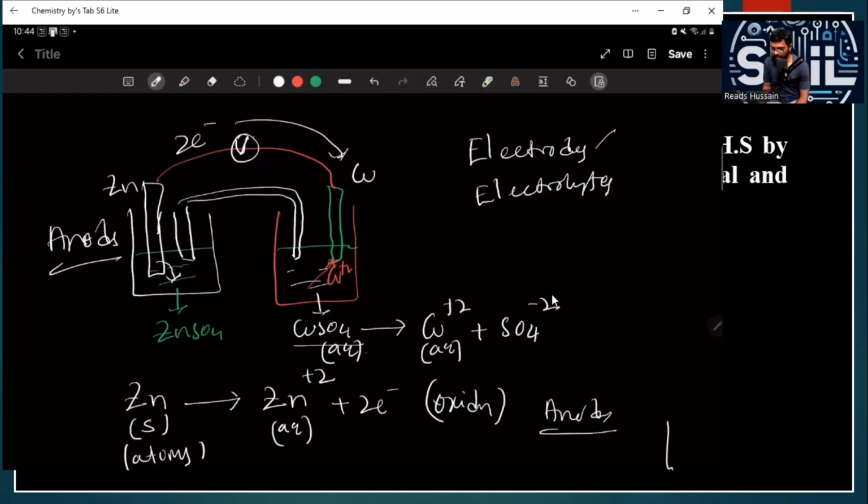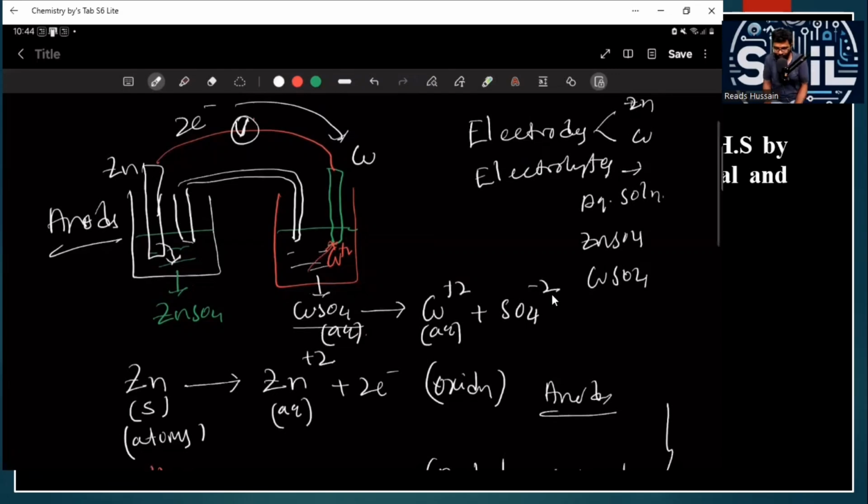Electrodes are the metal rods, zinc and copper, and electrolytes are the aqueous solutions, zinc sulfate solution and copper sulfate solution. That is the meaning of electrode and electrolyte.